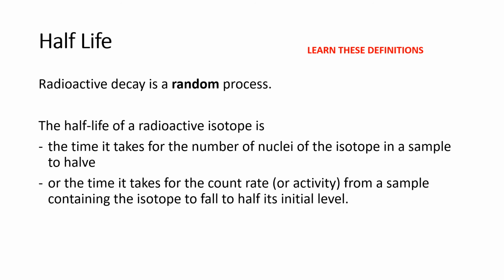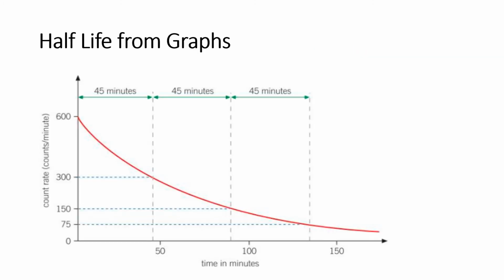Radioactive decay is a random process, but if we have large enough numbers, we can use some statistics, and we define the half-life as the time it takes for the number of nuclei of the isotope in a sample to halve, or the time it takes for the count rate to fall to half its original level. We can work out the half-life from graphs.